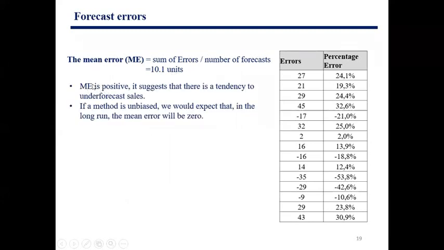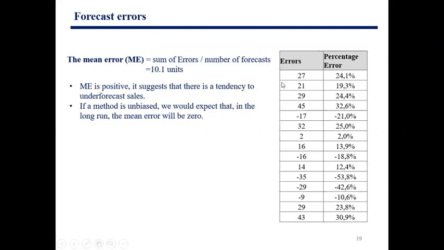As I said before, the mean error is positive, and it suggests that there is a tendency to under forecast sales. When our method is unbiased, it means when we don't have a bias in our forecasts, we would expect that in the long run, the mean error will be 0.